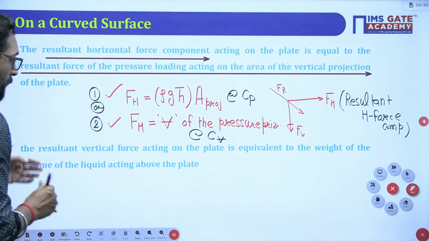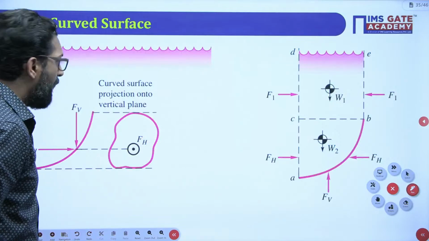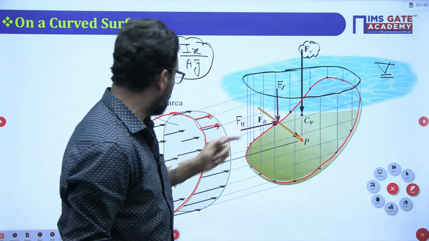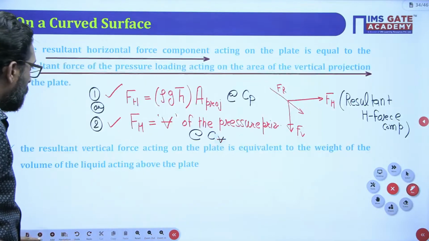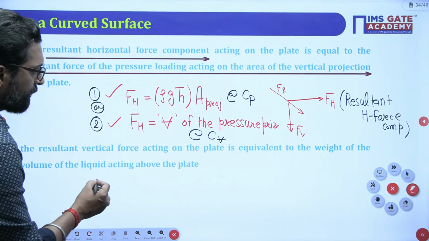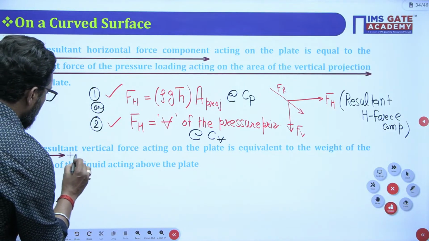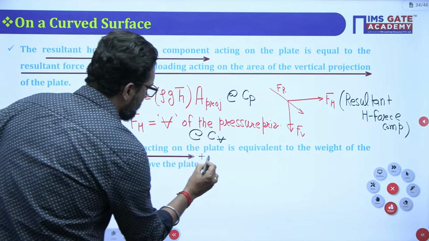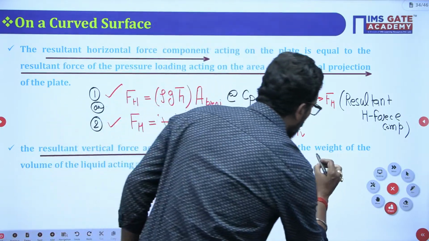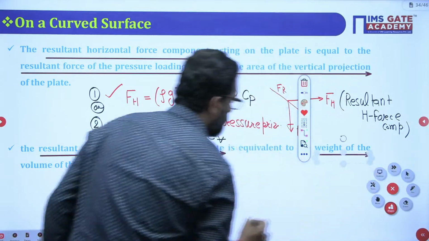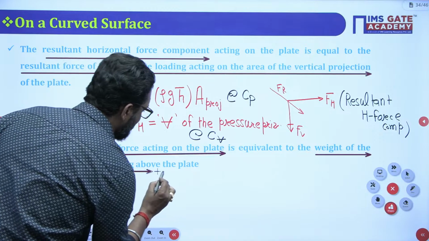Now, second one: that was the horizontal. If you find the vertical force, what is that? The resultant vertical force acting on the plate is equivalent to the weight of the volume of liquid acting above the plate.